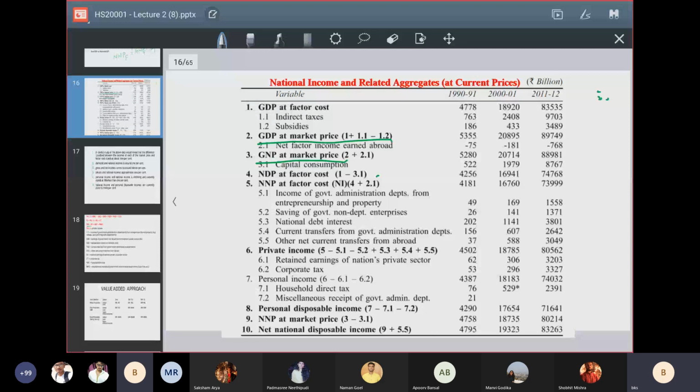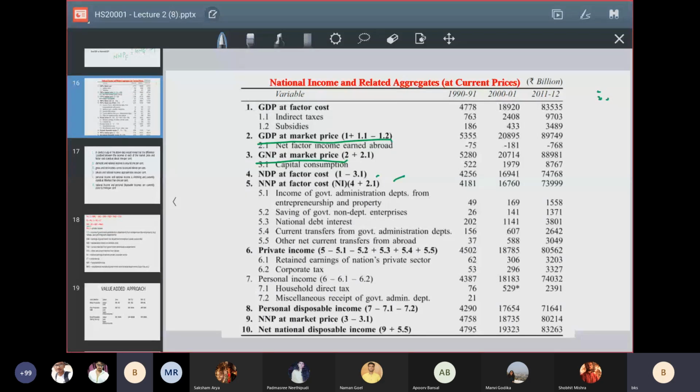Or the other way, you have GDP at market prices, you can calculate GDP at factor cost, and then you can calculate NNP at factor cost as GNP at factor cost minus capital depreciation.